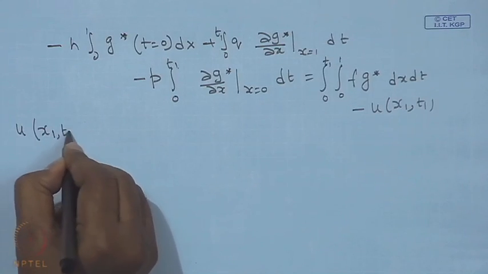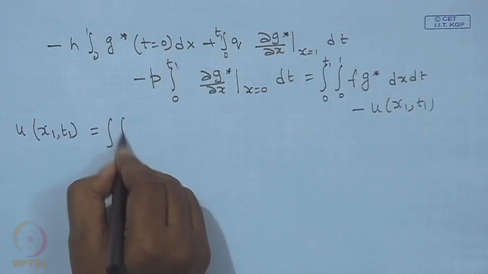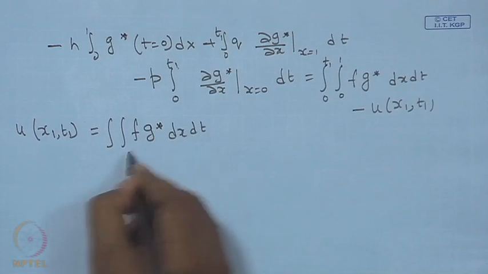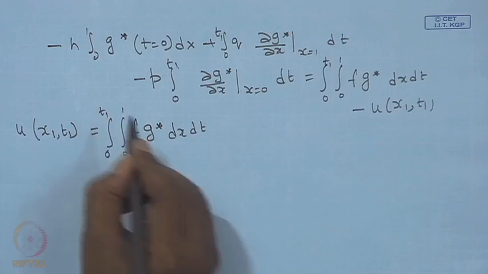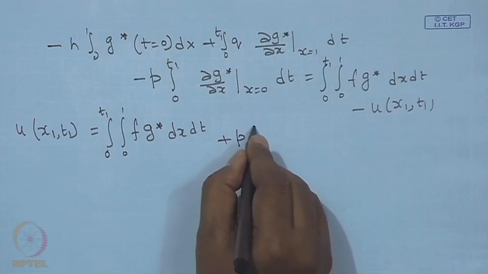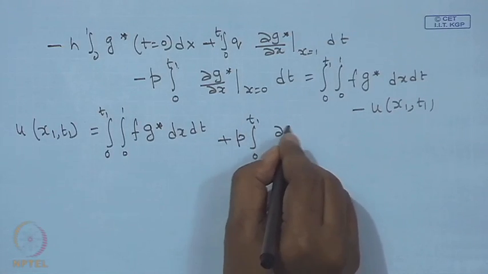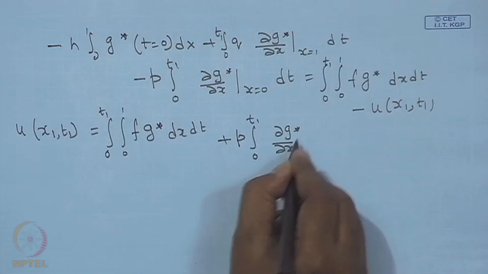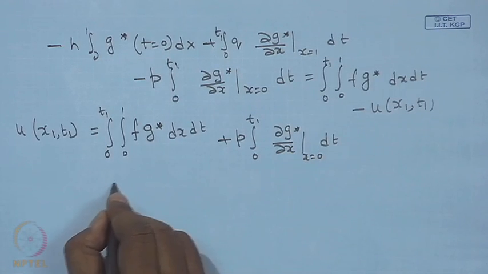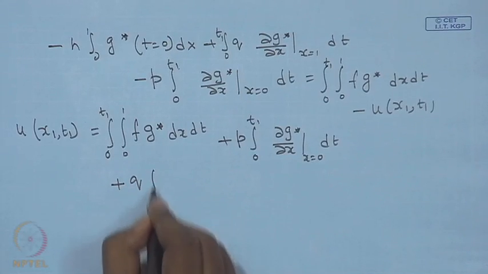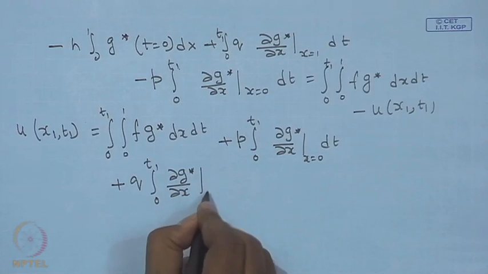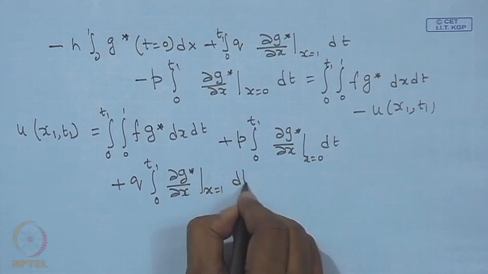So, u(x1, t1) is nothing but the double integral of f G star dx dt over x and over t, plus p integral 0 to t1 del G star del x evaluated at x equal to 0 dt, plus q integral 0 to t1 del G star del x evaluated at x is equal to 1 dt.